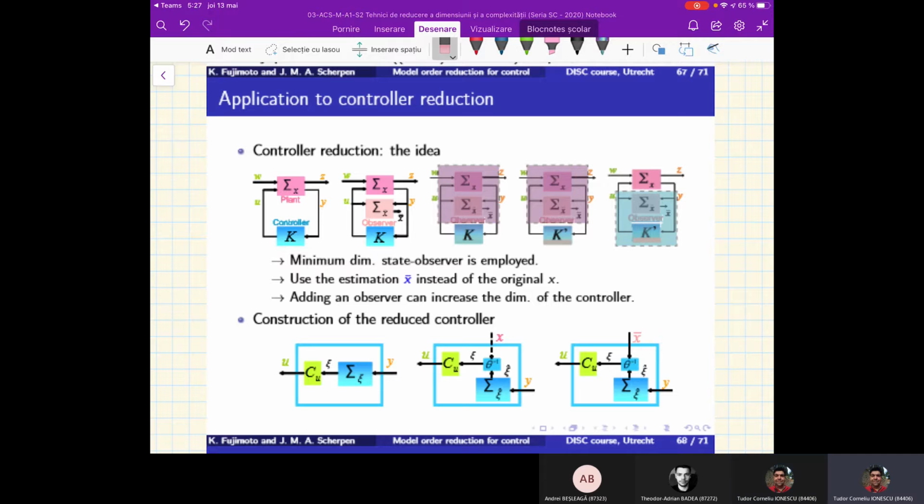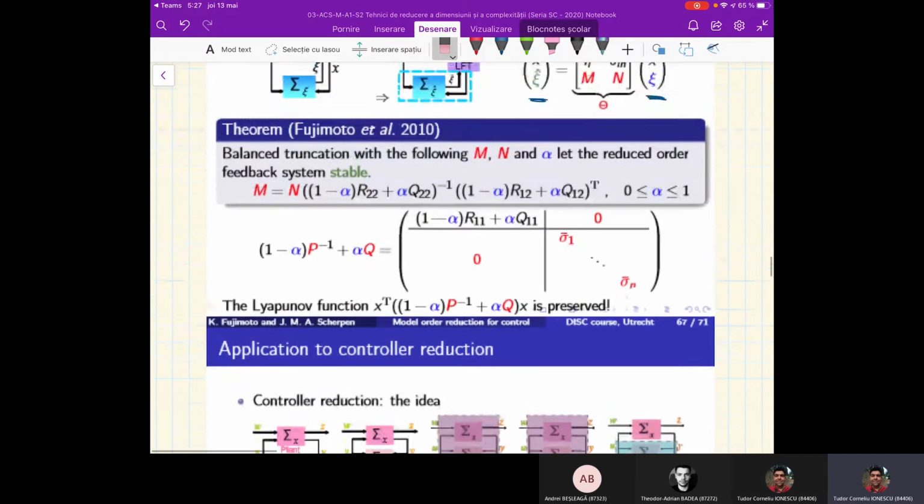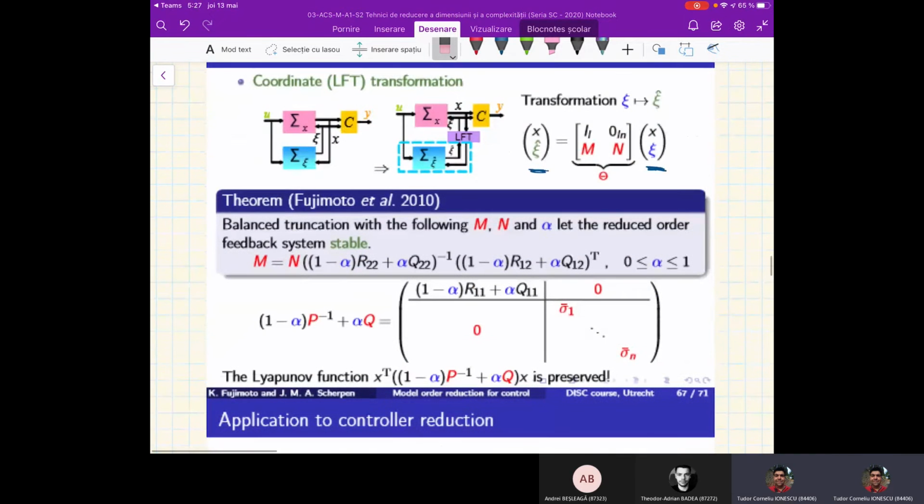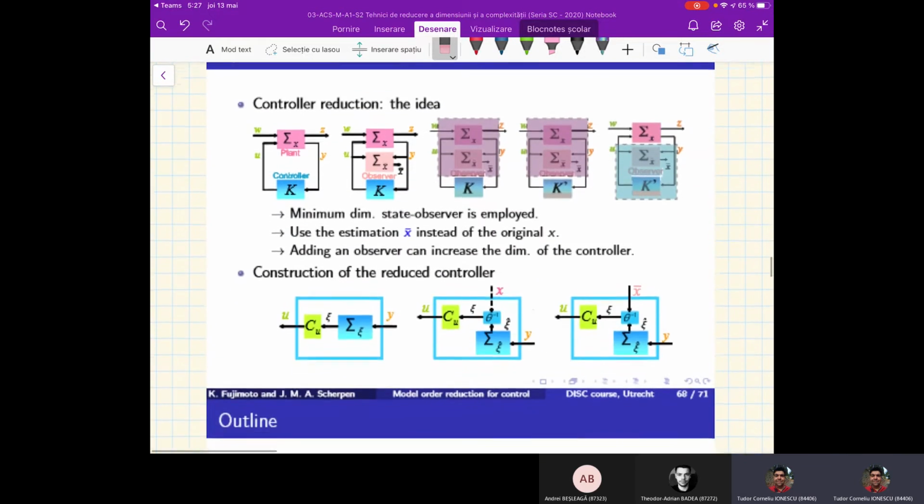All right. That's pretty much it at this point.